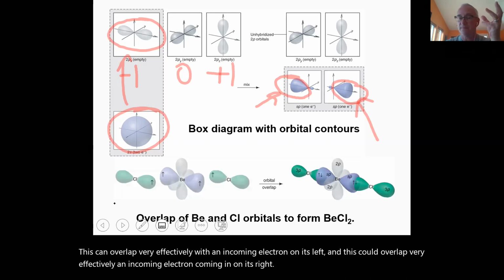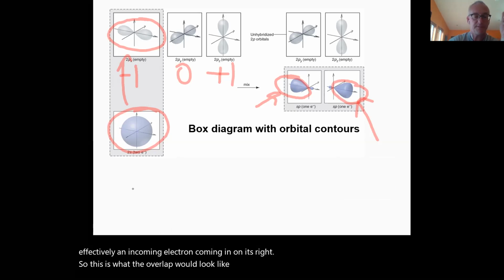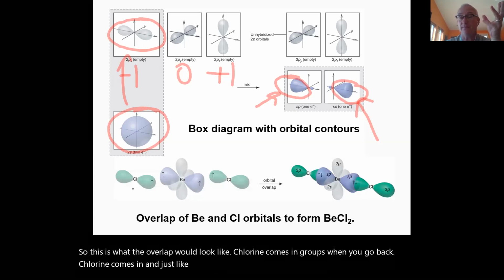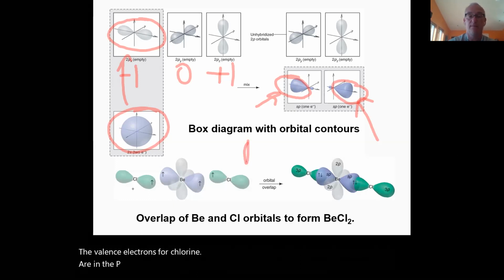So this is what the overlap would look like. Chlorine comes in, and just like the fluorine example mentioned a minute ago, the valence electrons for chlorine are in the p orbital.